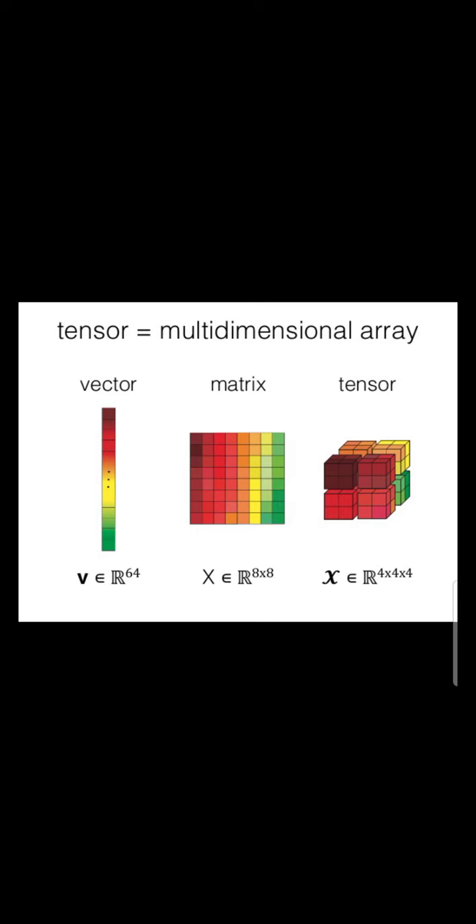And if we use another type of function to fold this matrix into a new dimension, just like R to the power 4 by 4 by 4, such a transformation rule, such a function to transform the matrix into another one, is known as the tensor. A tensor is generally the folded form of the matrix.